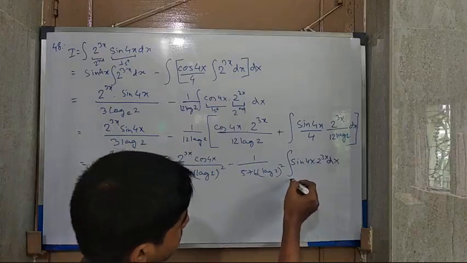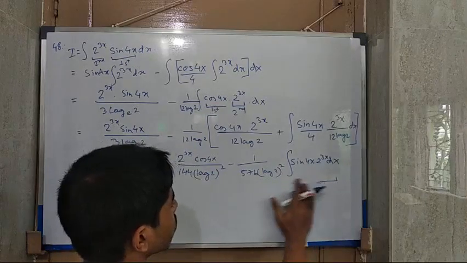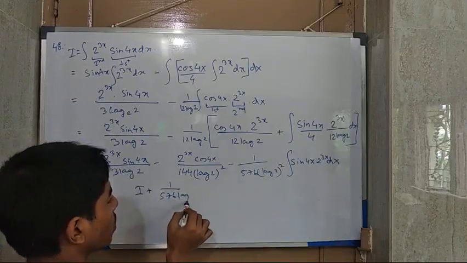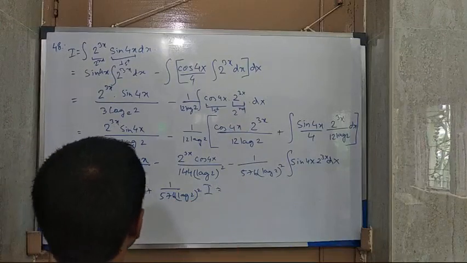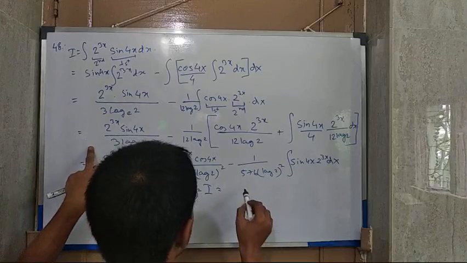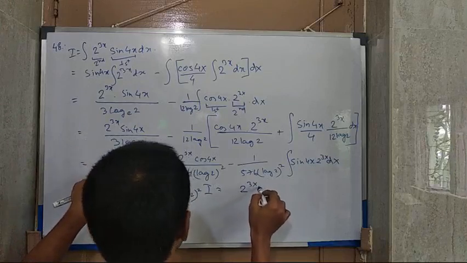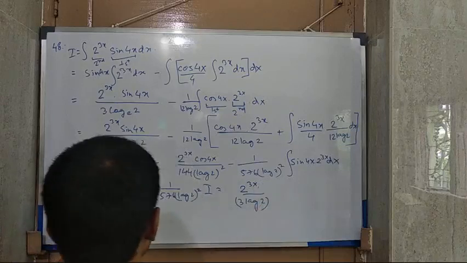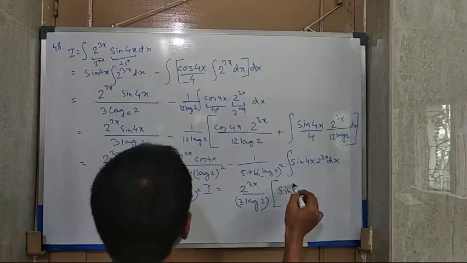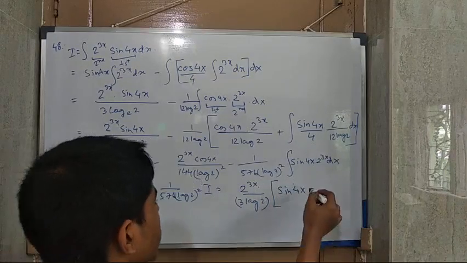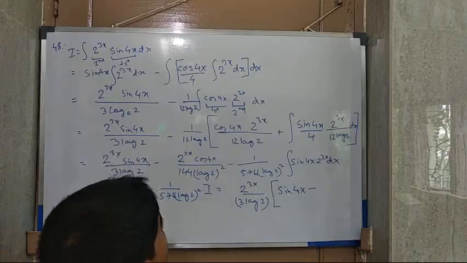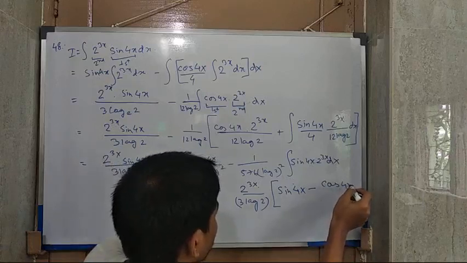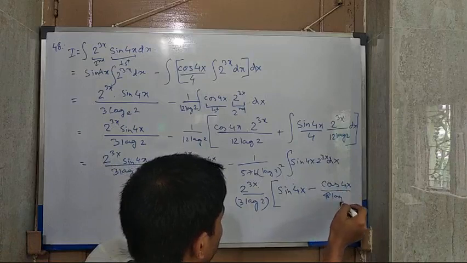As you can see, this function is again I, so we can write it as I plus 1 by 576 log 2 whole square I is equal to 2 to the power 3x by 3 log 2, will give us here sine 4x minus, so this gives us, I hope, 48, so this gives us cos 4x by 48 log 2.